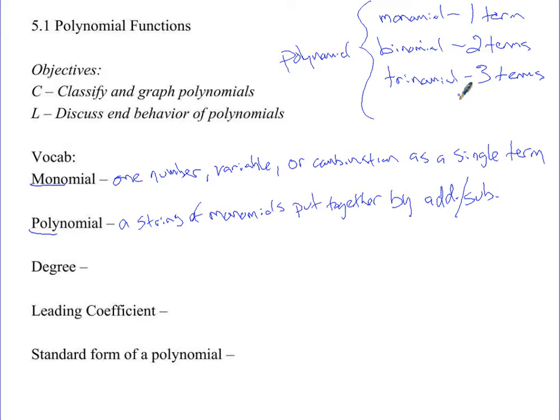Okay, next definition, degree. What is the degree? In geometry, the measure of an angle, yeah. In science, it would be how warm it is outside, probably, right? But in algebra, the degree is the highest exponent. I'm putting a slash there because that's not quite a good definition.